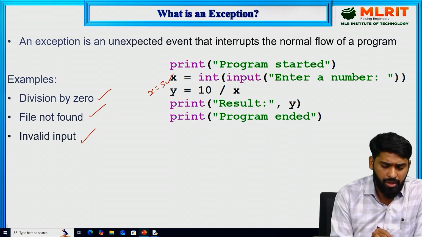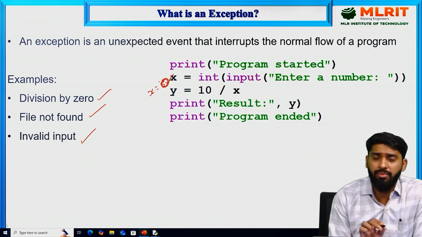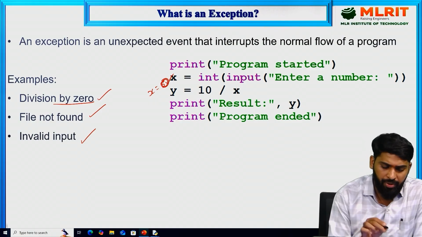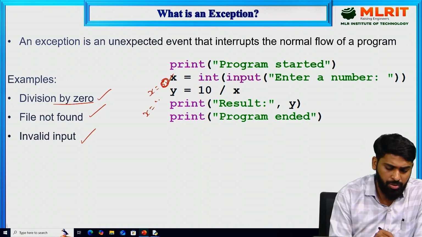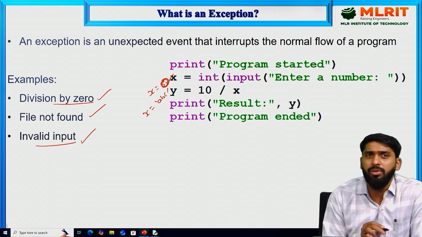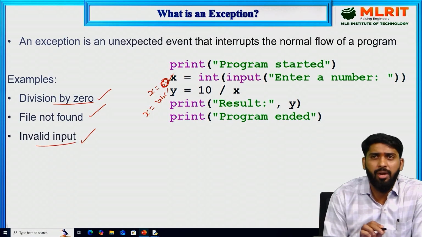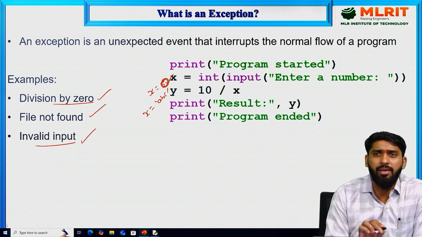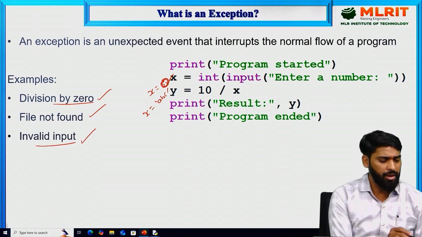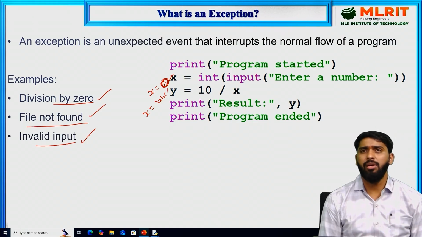If I give the input as 0, then we will get a division by 0 error, that is an exception. If I give x equals ABC, now we will get invalid input. Sometimes we are handling files, and sometimes the file will not be found, then we will get another error, file not found.